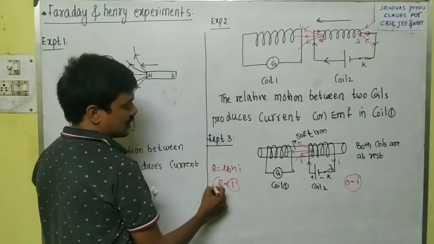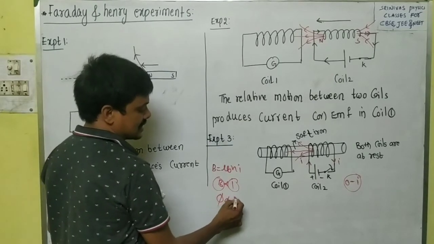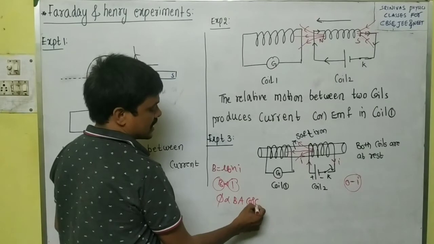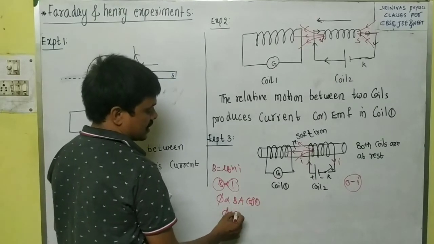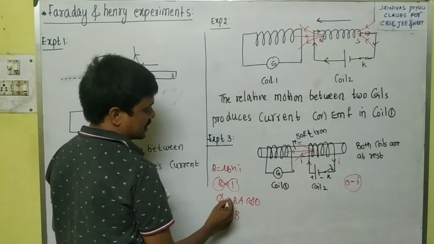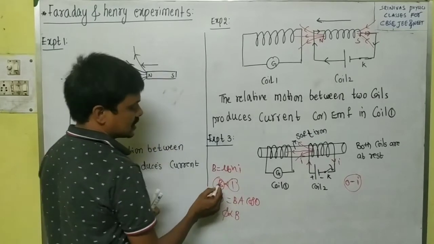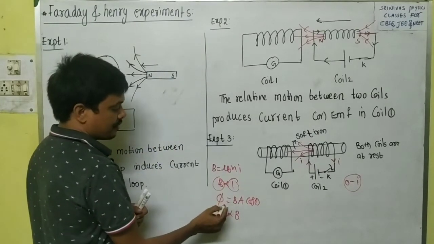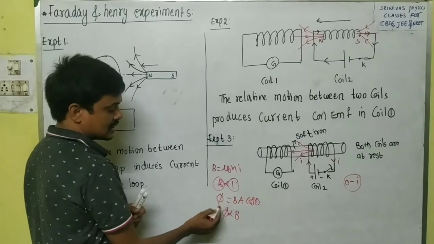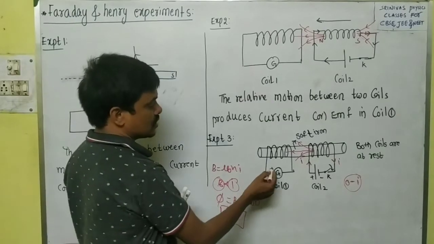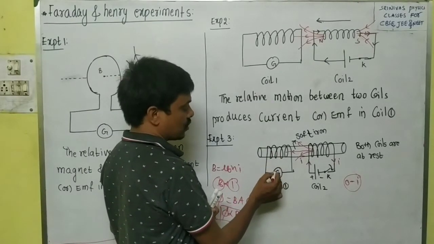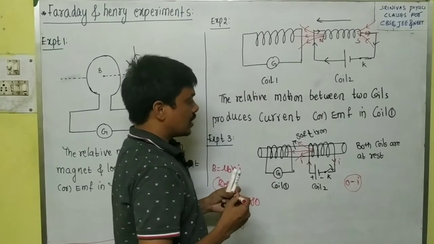When the field changes, the flux changes, because the flux formula is BA cos theta, flux proportional to B. What is happening here? When the current changes, the magnetic field changes. When the magnetic field changes, the flux changes. That change in flux induces EMF or current in coil 1.